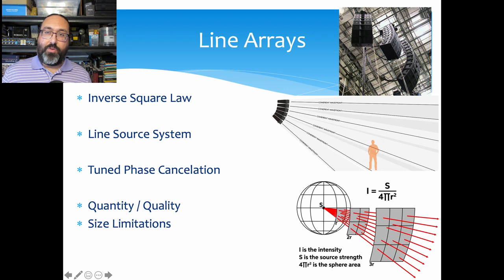So it uses the inverse square law. And for the purpose of the class, we don't need to know what it is. But it does that to create a line source system.